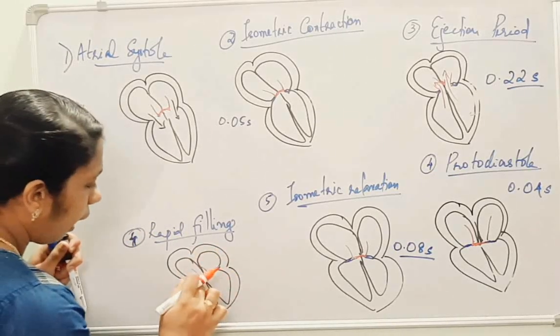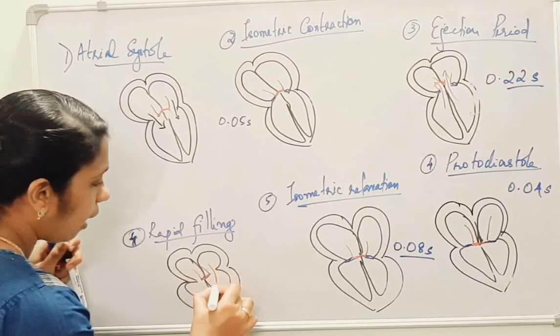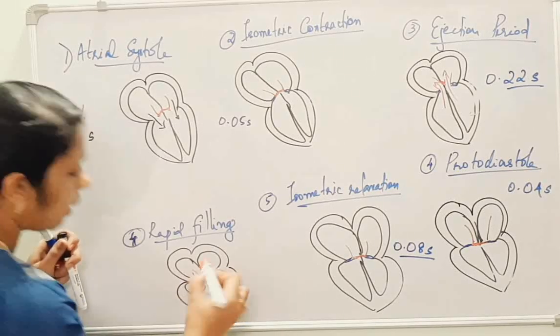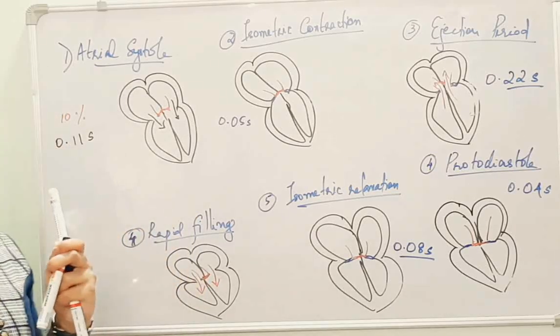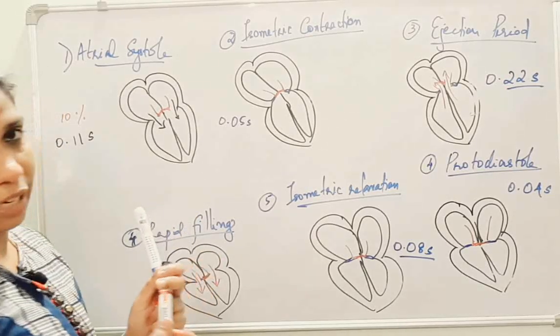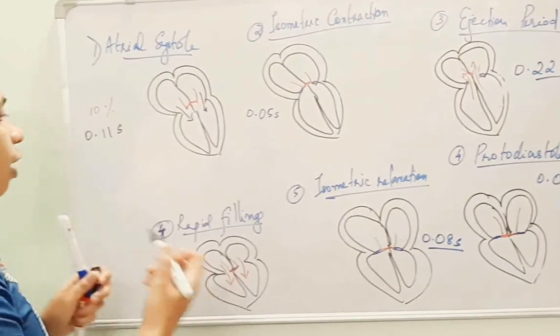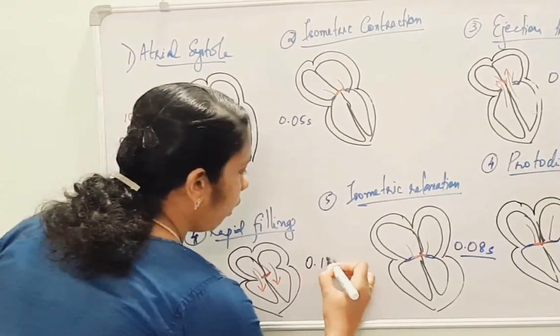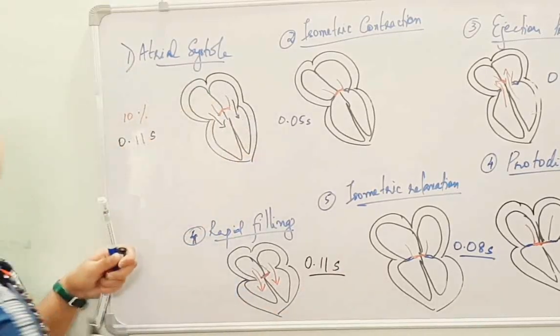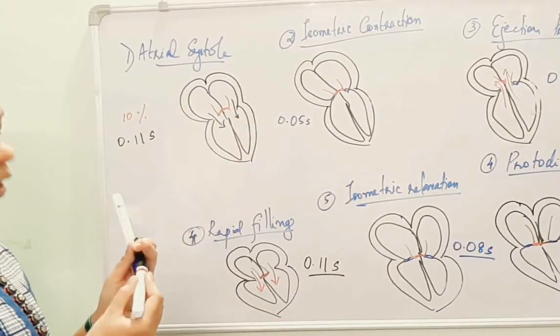And the blood from the atria is flown towards the ventricle. 70% of blood from the atria is flown towards the ventricle in case of rapid filling. And the time limit for this rapid filling is 0.11 second.